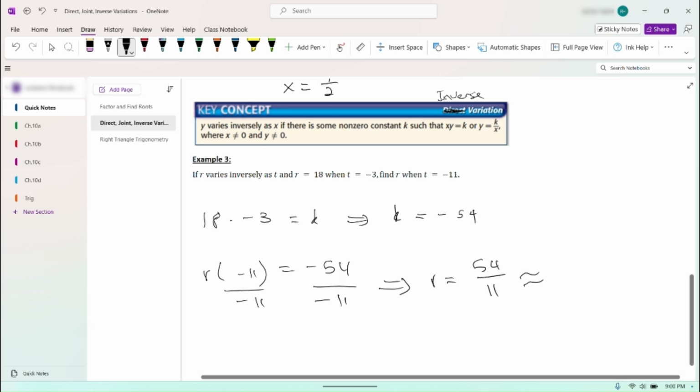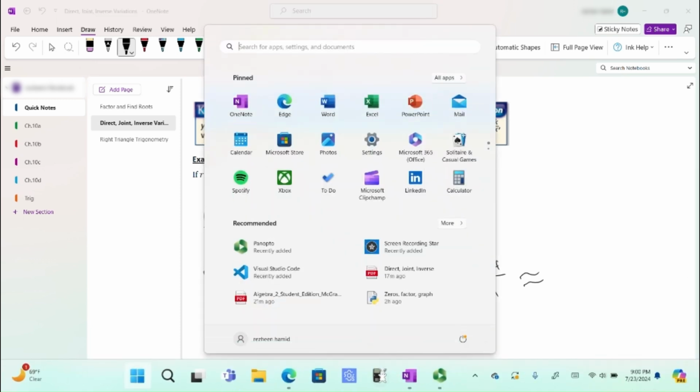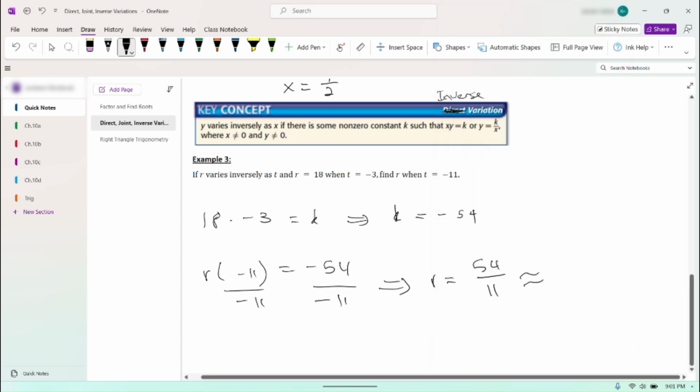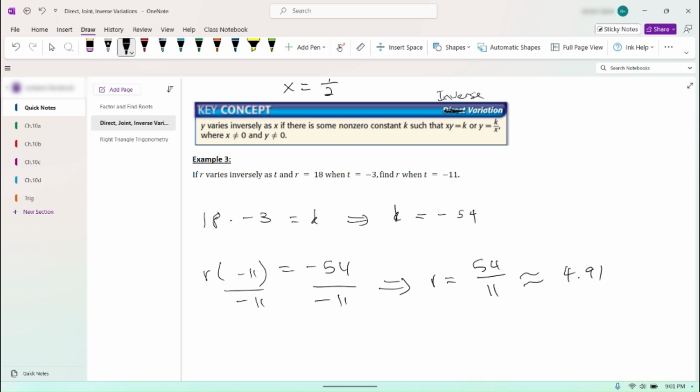And let's see if we can get our calculator. So 54 over 11, we get 4.91. R is 4.91. And that's how we solve these problems with direct, inverse, and joint variations.